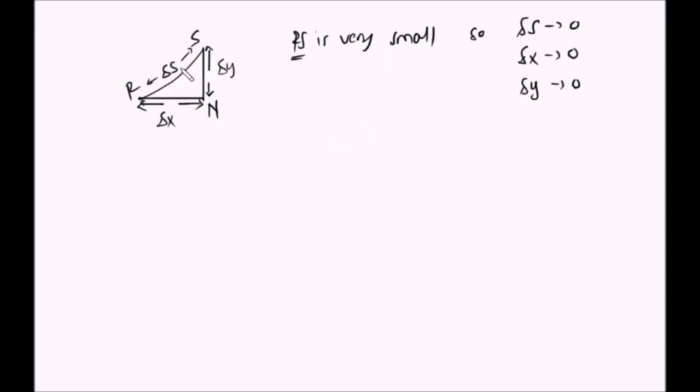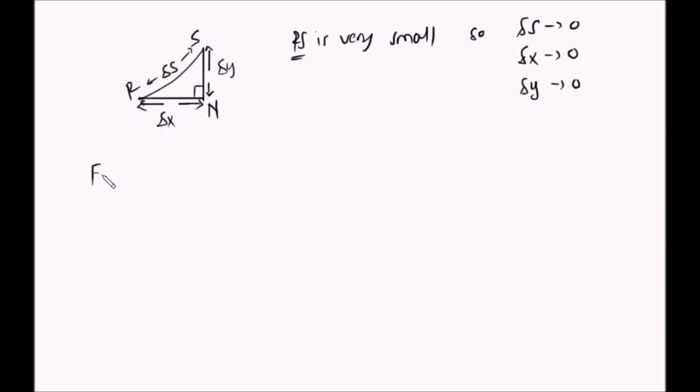Now when delta S is small, this RS is a curve but it will be almost equal to a straight line. So if this is almost equal to a straight line, then we have a right angled triangle RSN.